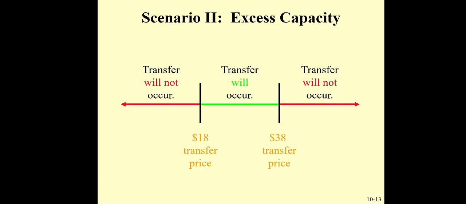See here, this is the thing that I wanted to say in the previous slide. If the transfer price is below 18, the transfer will not happen. If the transfer price is higher than 38, then the transfer will also not happen. The transfer will happen if the transfer price is between $18 and $38.